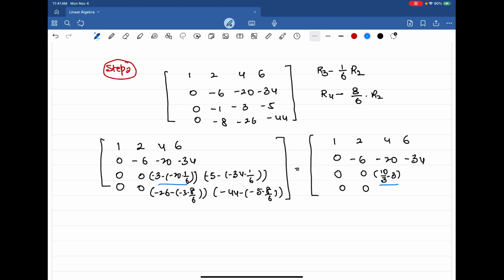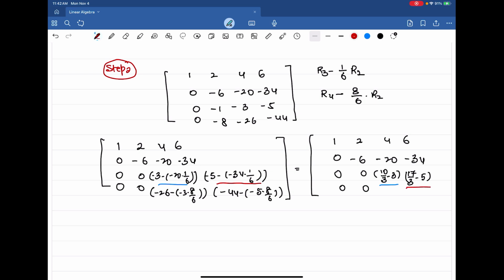Now, what will be this value? This is plus 34 by 6 is 17 by 3. 17 by 3 minus 5.